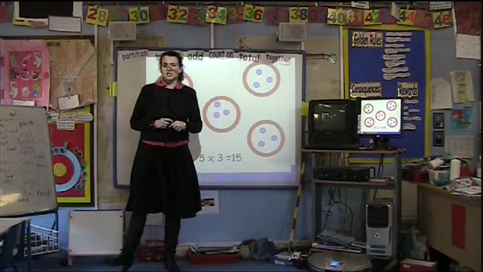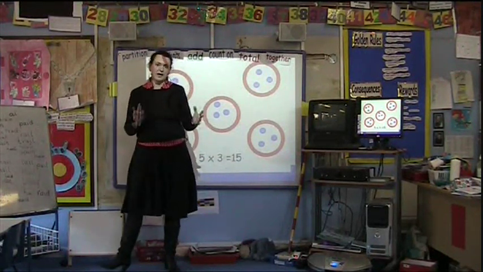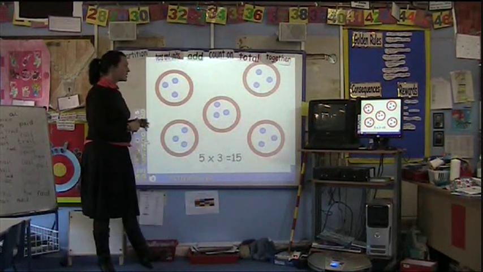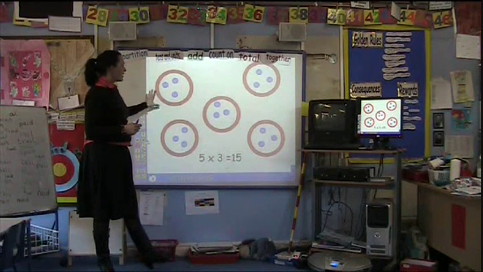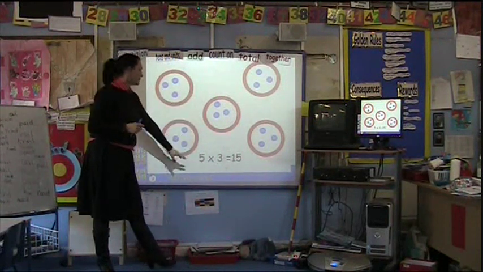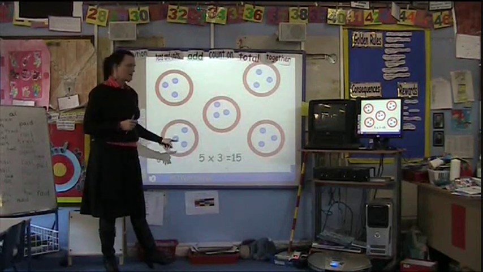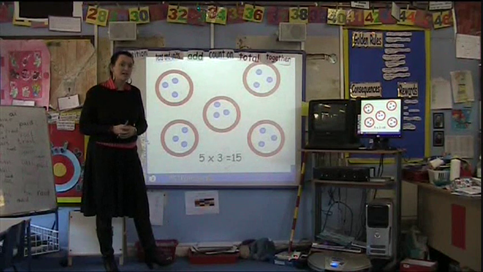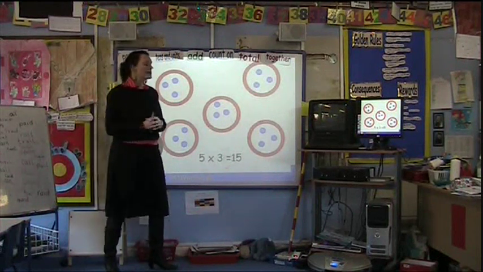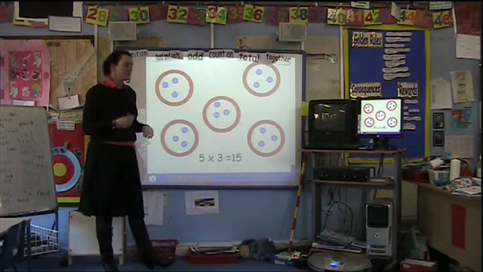We also need to teach the children that multiplication can be reversed and the sum can be done either way round. So as before we had 3 times 5, I've now got 5 times 3. Okay? I've got 5 sets of 3 buttons. Again, if the children aren't confident in counting in 3s, which they might not be at Key Stage 1, the children could count them and use repeated addition.